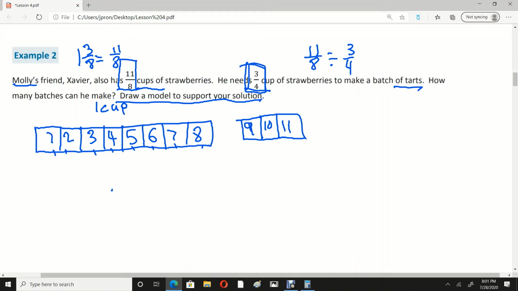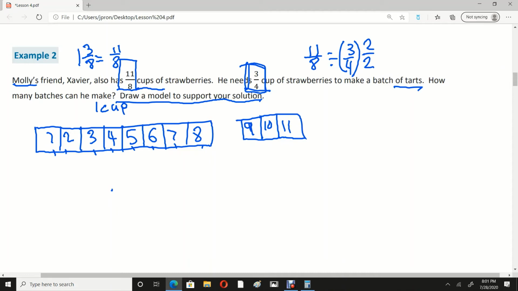Well, how can we do that? We need these to have similar denominators, right? So we either need to divide 8 by 2 to get to 4, or multiply 4 by 2 to get to 8. Now, we could divide 8 by 2, but 11 doesn't divide perfectly by 2. So over here, we're going to transform this 3/4 into something over 8 by multiplying it by 2 over 2.